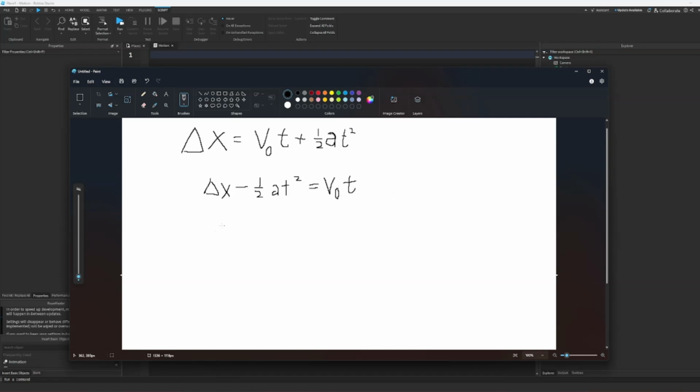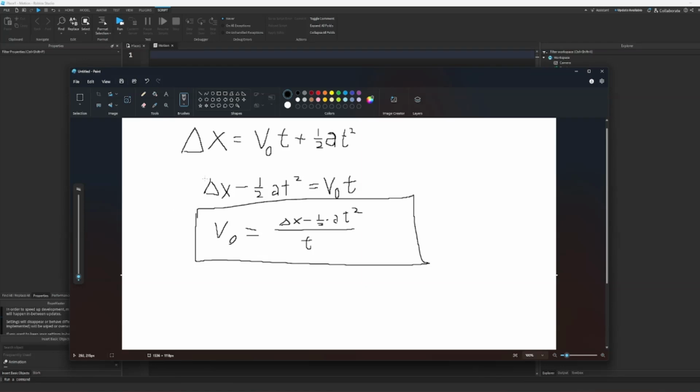And then we can just divide everything by t. So we get v naught is equal to delta x minus 1/2 times acceleration times time squared, over t. And this will be the equation we use for our little script.